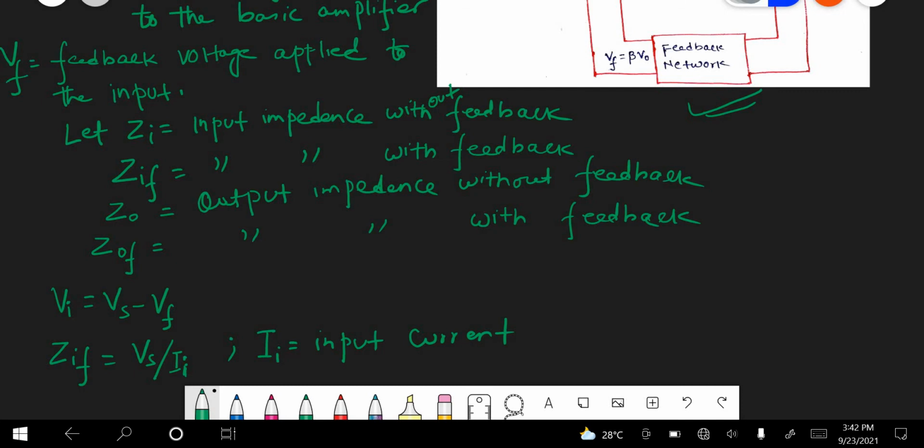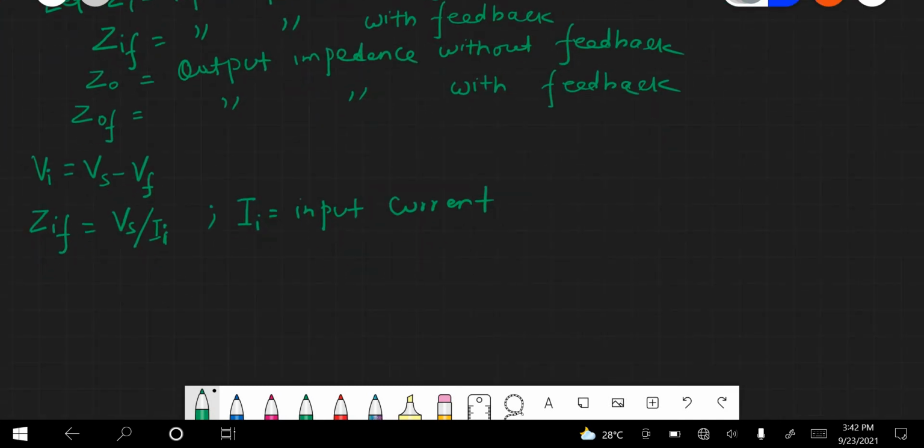So from this we can write the input current Ii is equal to Vi divided by Zi.